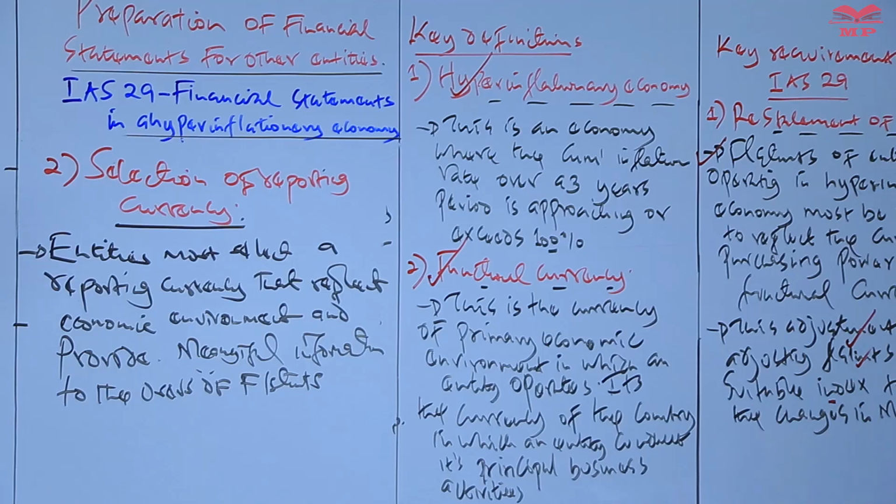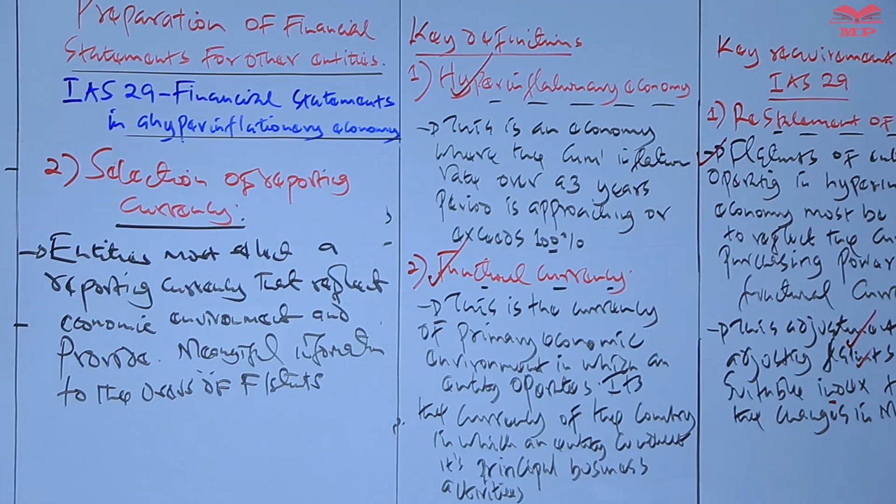So therefore, the currency which is used by entities to prepare their financial statements must reflect the economic environment in which an entity is operating and also provide meaningful information to the users of the said financial statements.